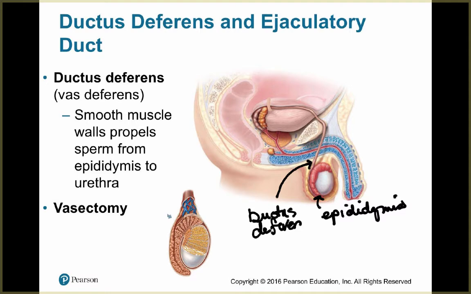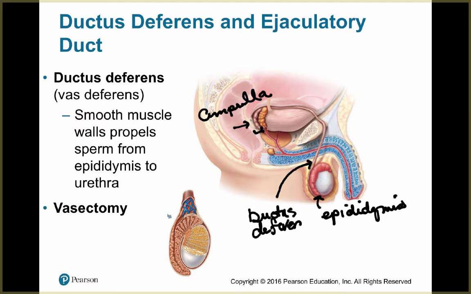Now, the vas deferens will expand whenever you come up here. Do you see that thing right there? That's what's known as an ampulla. So this ampulla will allow it to open and get a little bit bigger there.